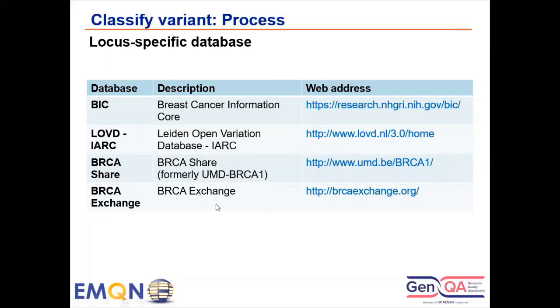And then the BRCA Exchange has the ambition to combine the information of the different databases and can help you with the interpretation. So you will find there the information that can also be found in LOVD and in ClinVar. It's bundled there if the variant has been submitted to one of these databases.